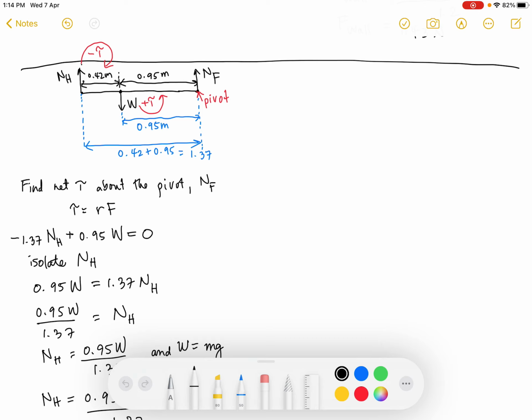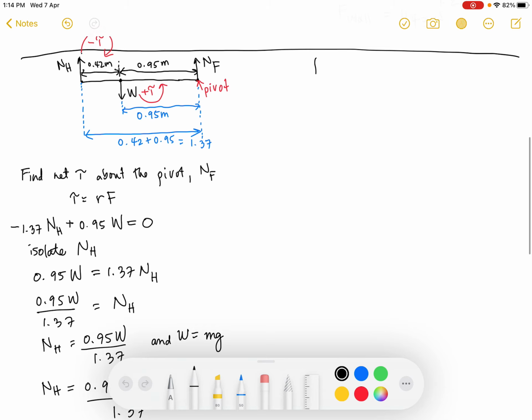Just for argument's sake, let's find the torque about the pivot for the case when we put our pivot point at NH, just to illustrate the point.